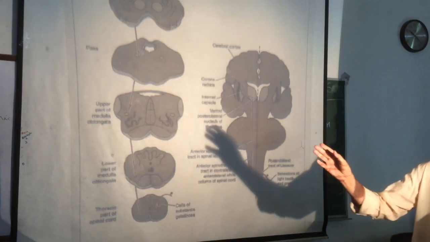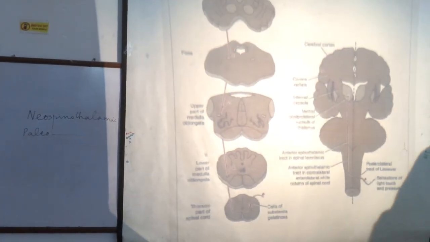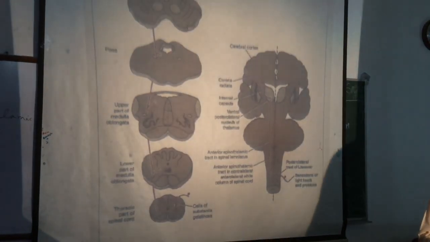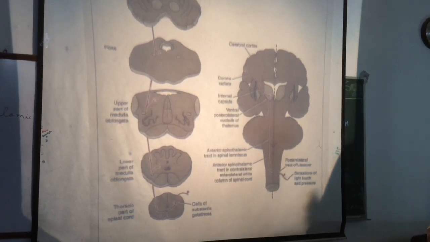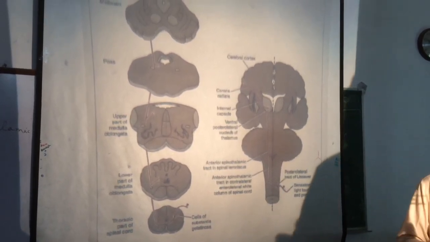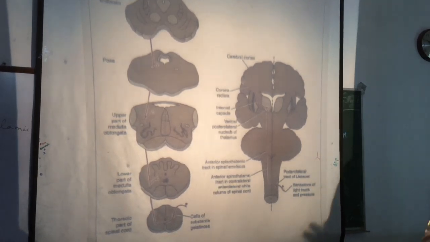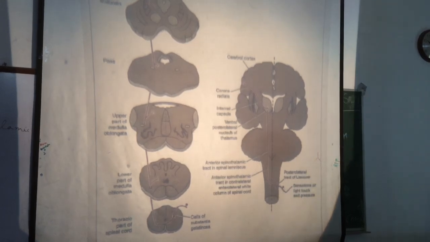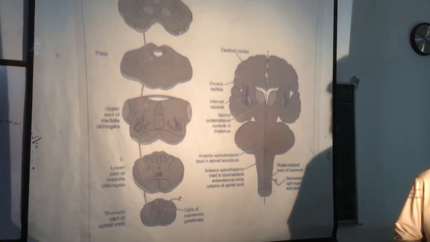The pathway of slow pain impulses is called the periospinothalamic tract, and the neurotransmitter is substance P. So this was about the lateral spinothalamic tract, and the fast pain pathway and slow pain pathway I have discussed are separate. So this was about the anterolateral system or spinothalamic tract.